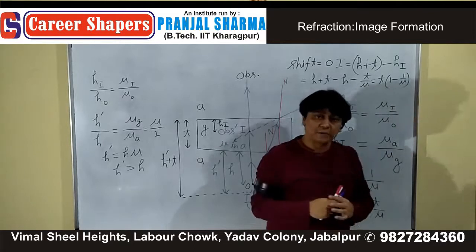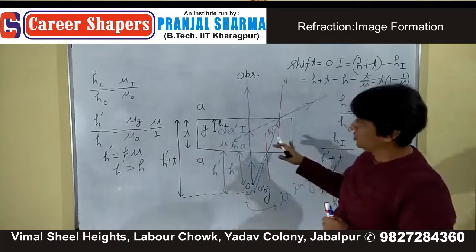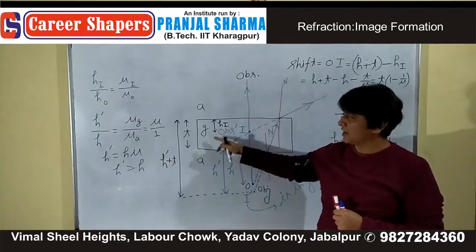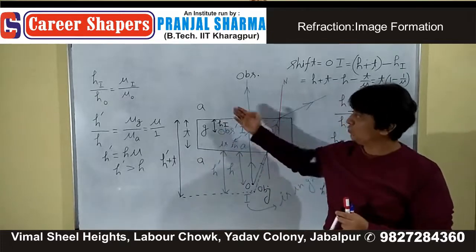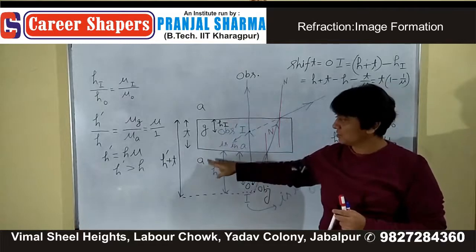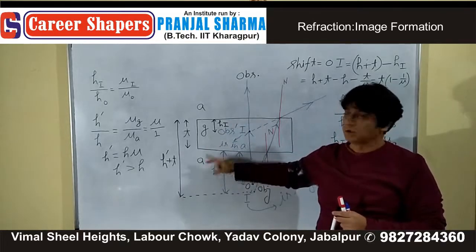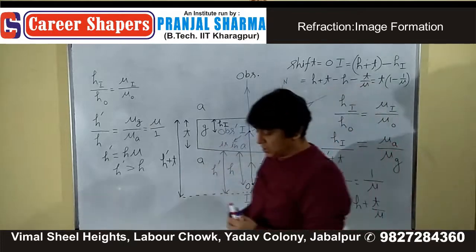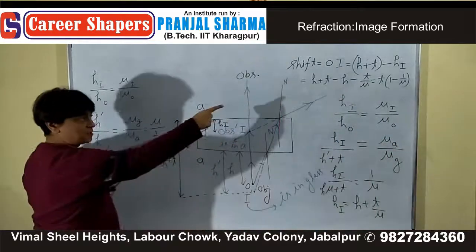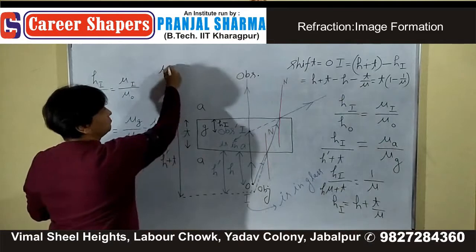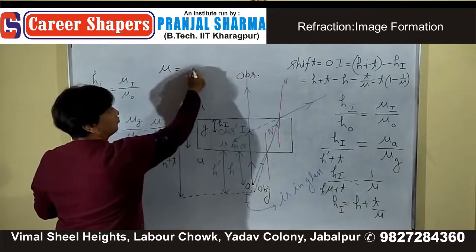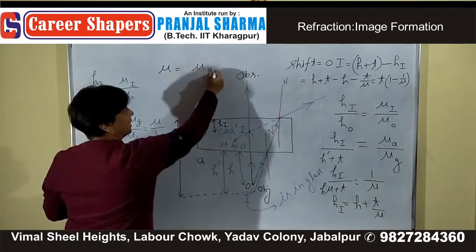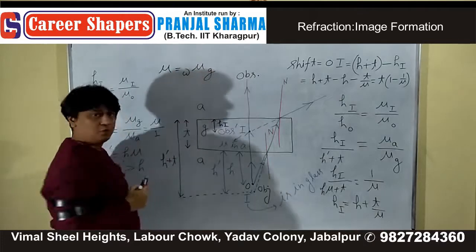Remember one more thing, if they frame this question instead of air and glass, if they give you water, glass, water, then I hope you know you just need to replace that mu with what? Refractive index of glass with respect to water.